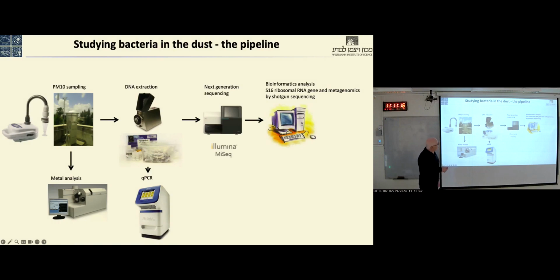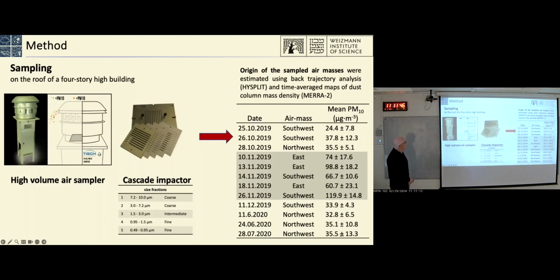But then we can do something which has become very common in biology. We can do all kinds of sequencing. We can do shallow sequencing or metagenomics, deep sequencing, in order to understand what we have there. That is related to actually blasting the DNA and then using bioinformatics to build back the genome and try to see how the genome depends on various parameters, as I will show you.